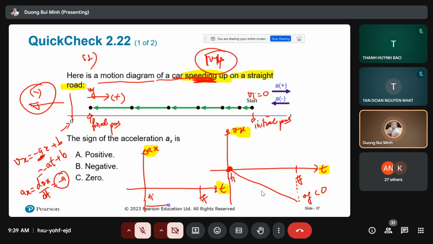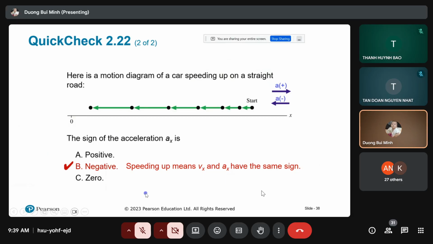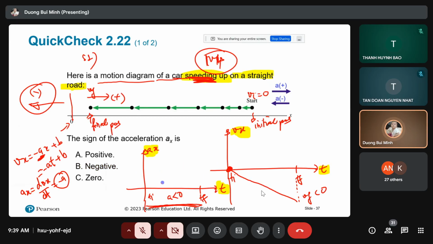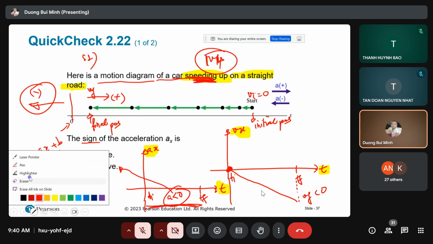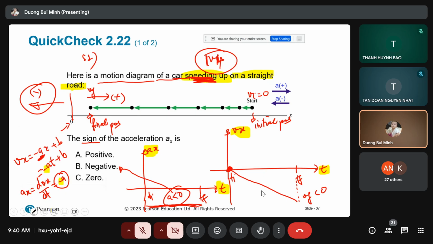So the acceleration, A is negative. So for Ti and Tf, A is negative, and you come to the answer here: the sign of the acceleration Ax is negative.